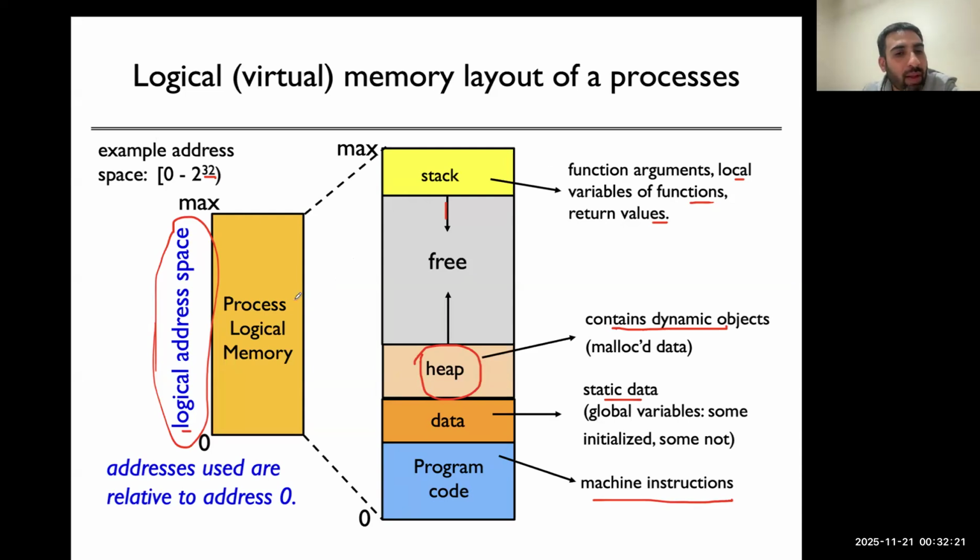If, for example, you have a function and that function has a local variable x, that x will be allocated a logical address in the stack segment. But again, this is a logical address. It will first be converted into a physical address, and then that physical address will be used to access the actual location in the memory.